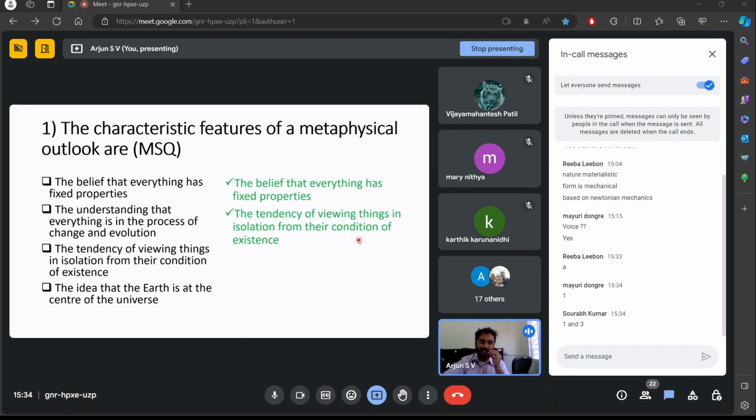Option 1 is a direct definition of metaphysics: the belief that everything has fixed properties, because everything is fixed. But apart from that, there is the tendency of viewing things in isolation from their condition of existence.